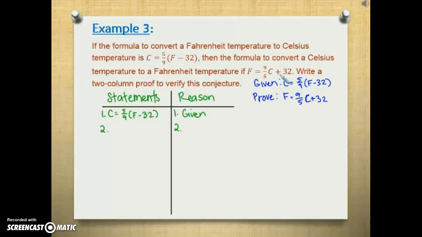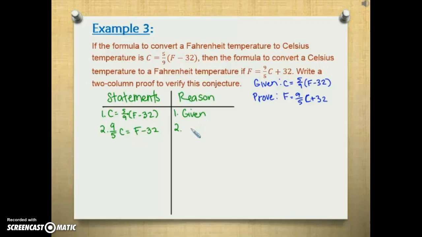So the first thing I'm going to do, and there's more than one way to do this algebra problem, is multiply both sides of the equation by 9/5. Notice 5/9 times all of this, and we know that the opposite operation for multiplication is to divide. So I'm going to multiply by the reciprocal, which is 9/5. So I end up with 9/5 C is equal to F minus 32.